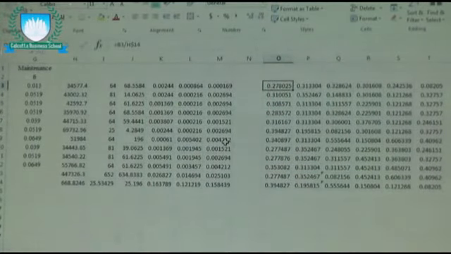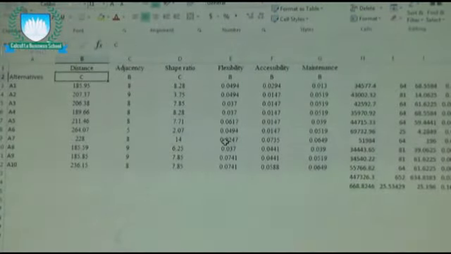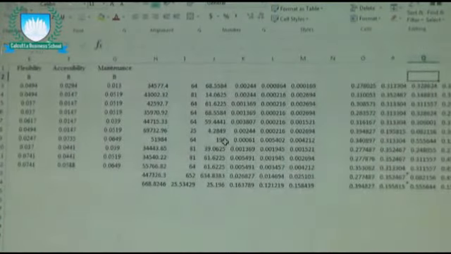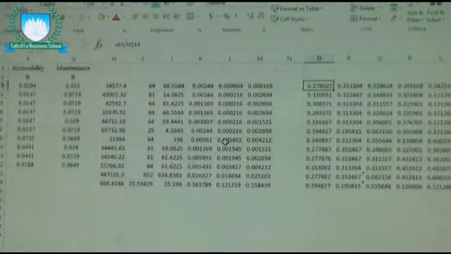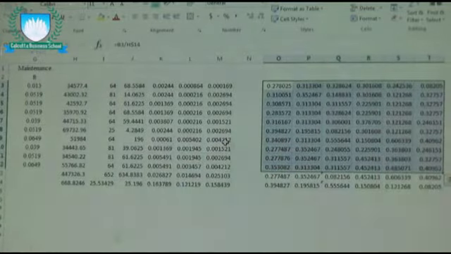Now, if you can recall, this O3 basically corresponds to the criterion distance. Now, we know distance is a cost attribute, right? So in this particular column, for a cost attribute, the PIS must have values which are as low as possible, desirable, right?